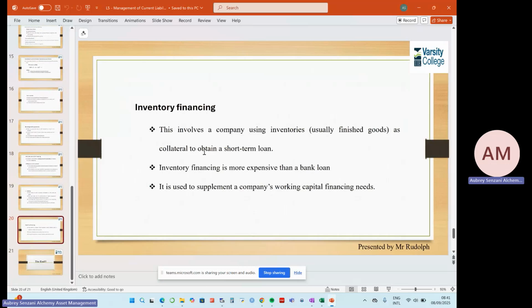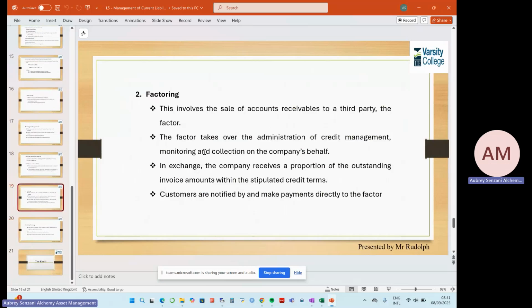So here's our last slide, and here we're talking about factoring. Factoring is now, I am literally selling my debtors book to you. Let's say my debtors book is worth 5 million. You're not going to buy it for 5 million.